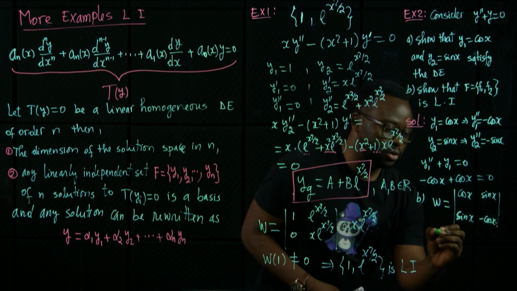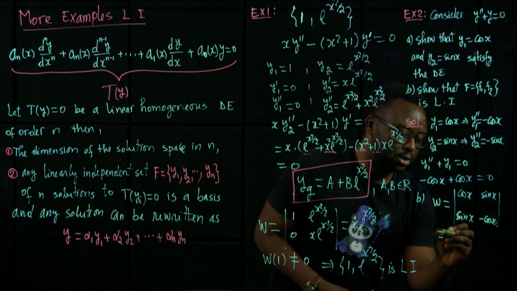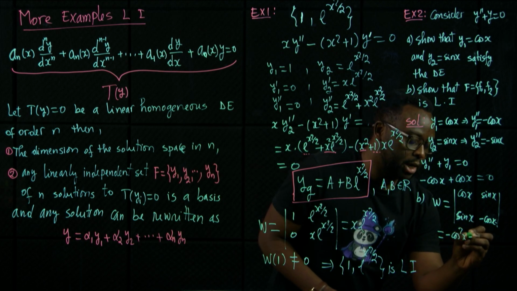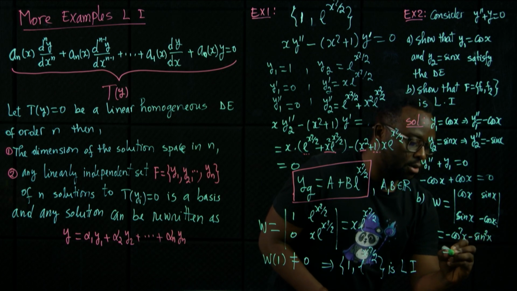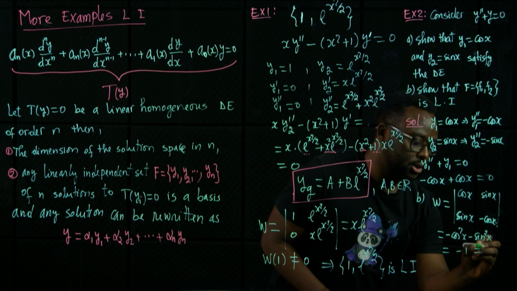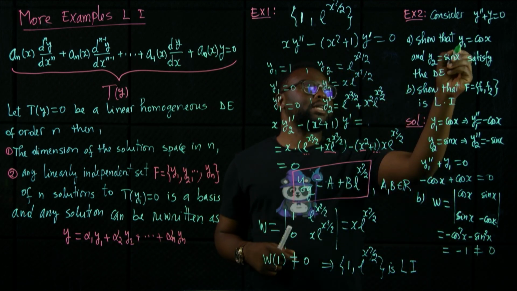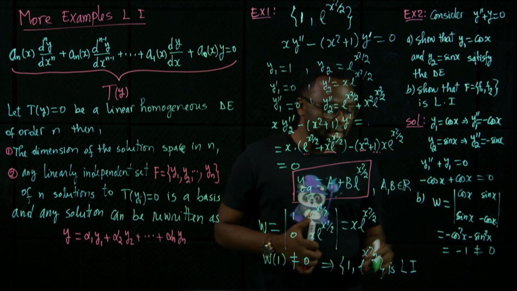So if you cross multiply, then we have cos squared plus sine squared. This is equal to 1, so this is different from 0. And the conclusion is that this set y1, y2 is linearly independent.